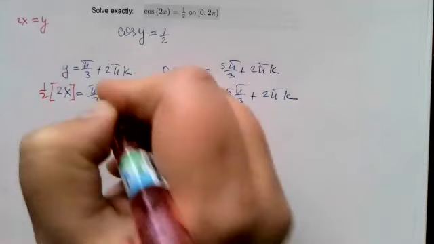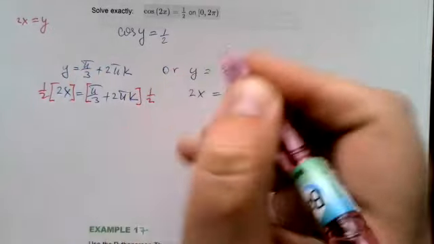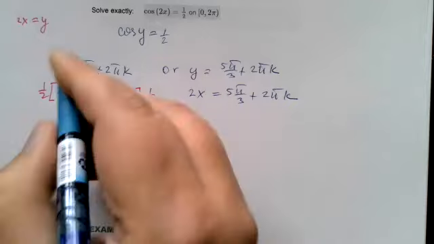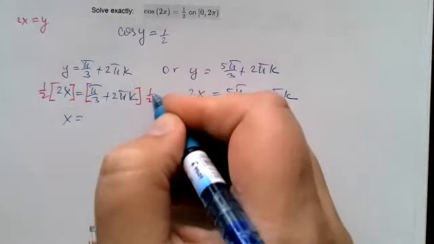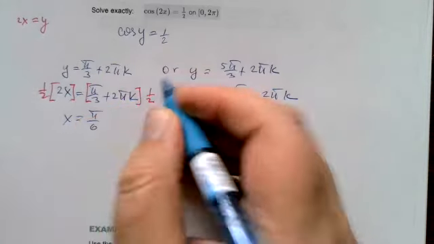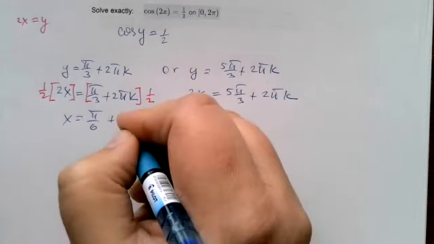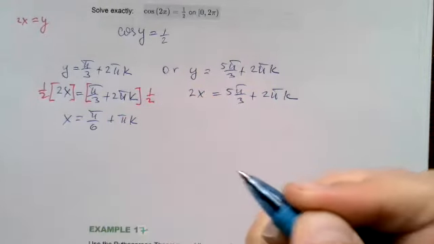So times 1/2, left side and the right side. And we're going to have x equals 1/2 times pi over 3 is pi over 6. And now 1/2 times 2 pi k is going to be just pi k.